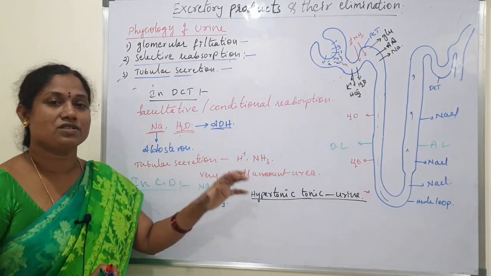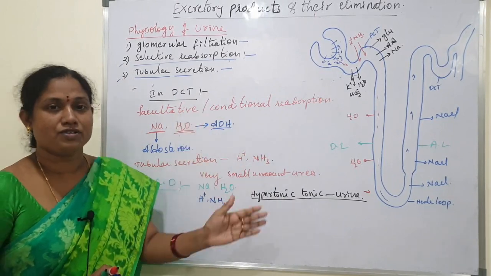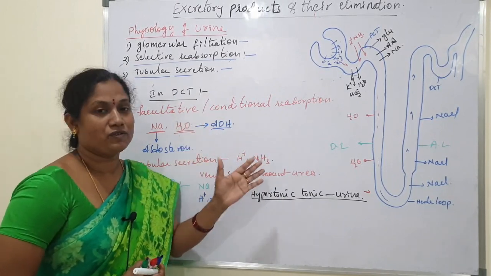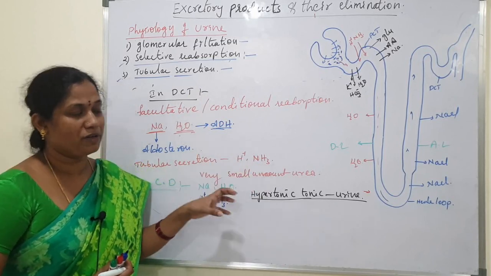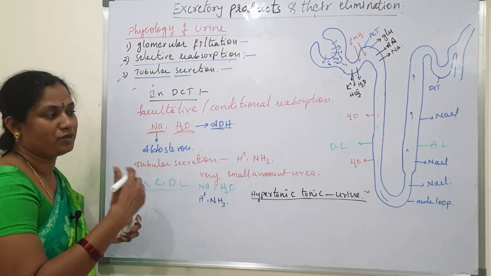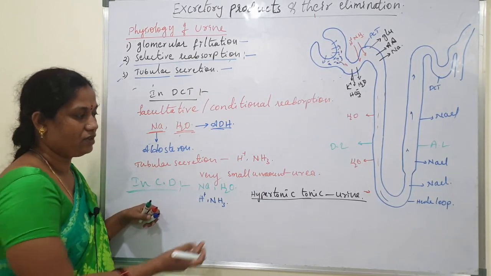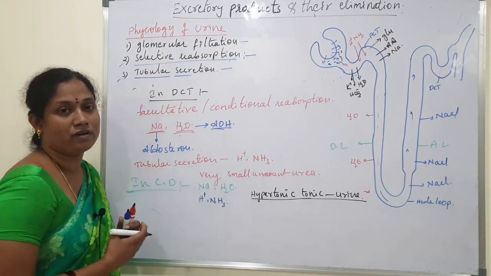This highly concentrated urine is released from the collecting duct into the renal pelvis, to the ureter, from the ureter to the urinary bladder, and from the urinary bladder through the urethra to the outside. So this is the formation of urine.